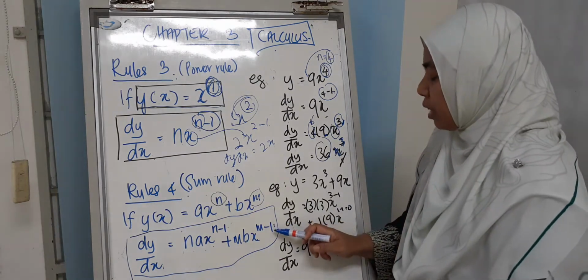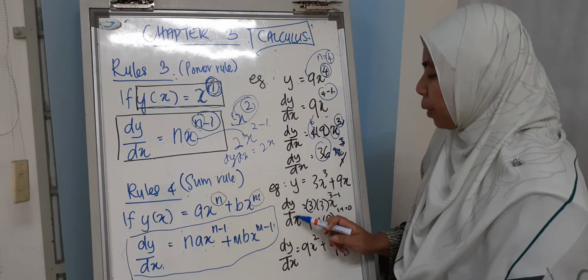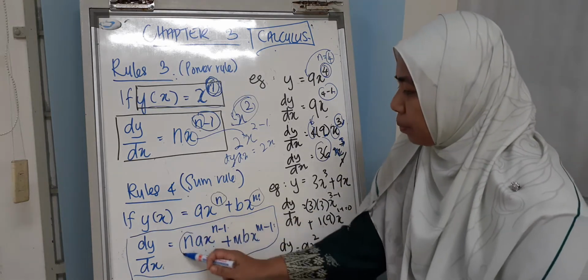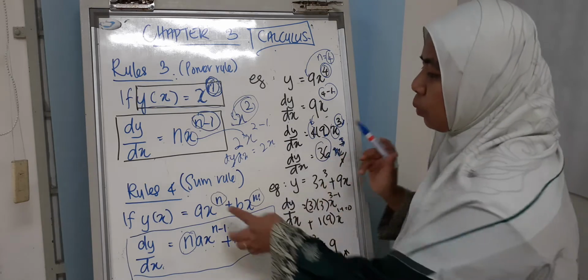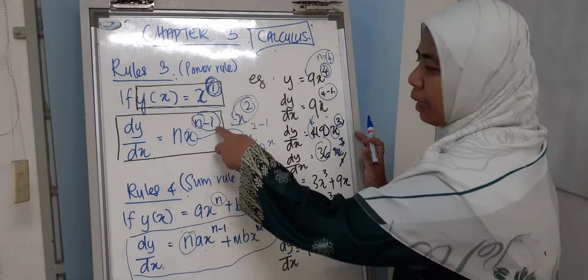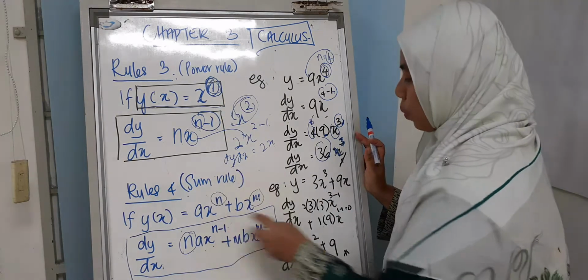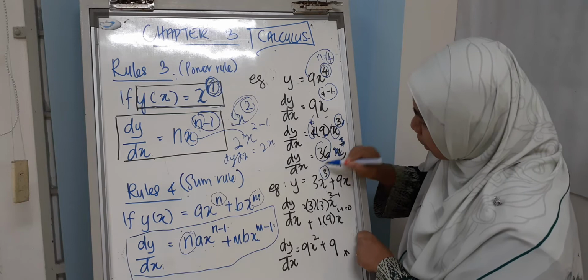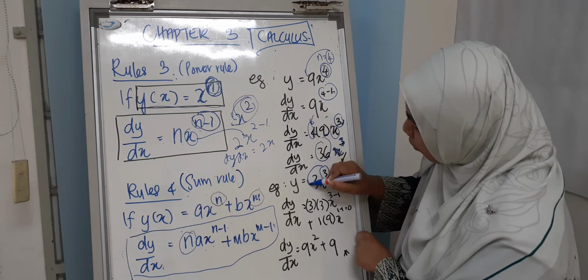So for differentiation, dy per dx, right? Here you see, this one is similar to this. So 3, this one just bring in front.